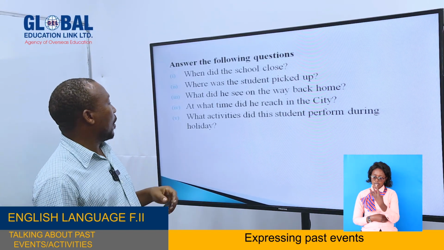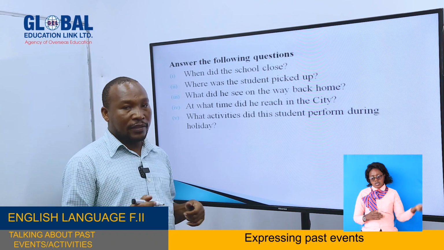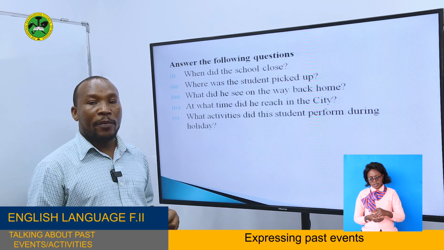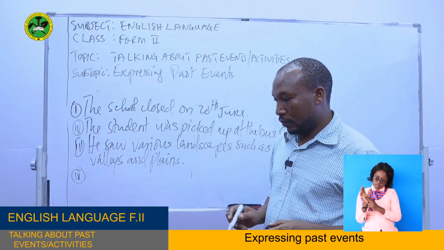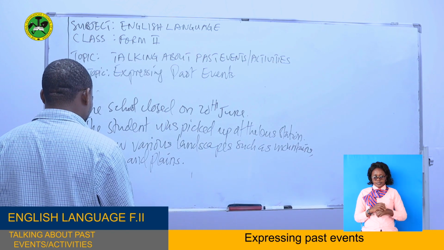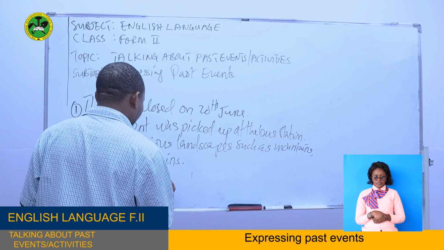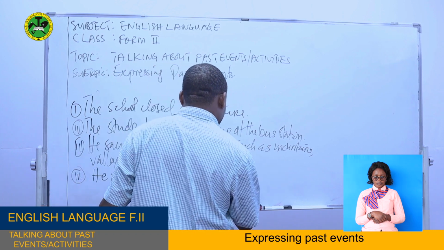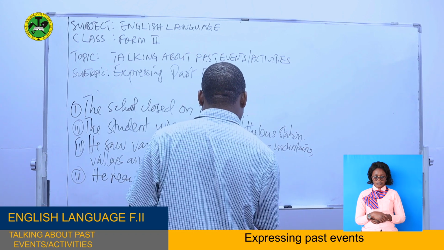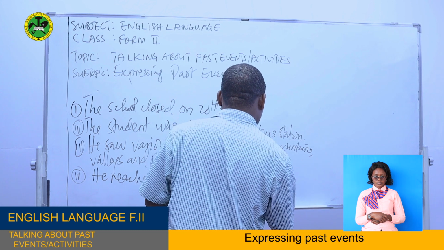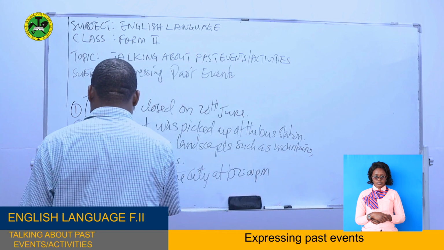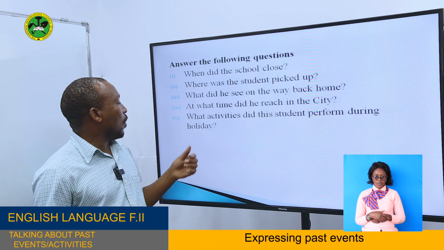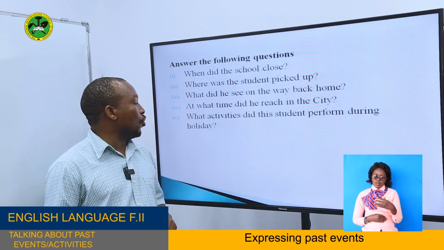Roman 4, at what time did he reach the city? It is written that he reached the city at 2 p.m. Number 5, what activities did this student perform during the holiday?